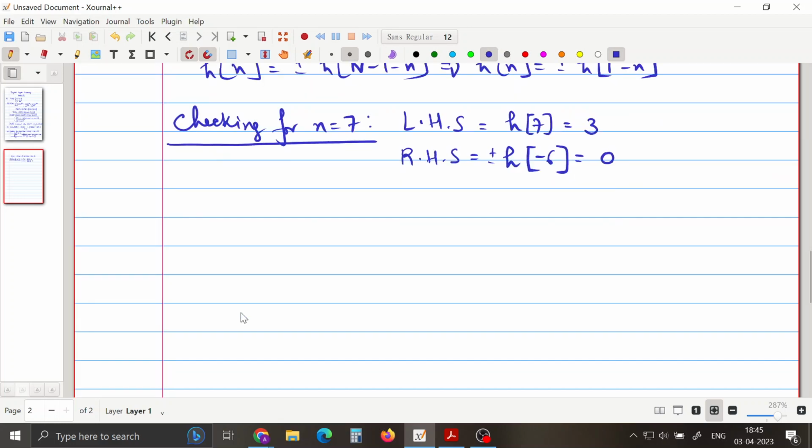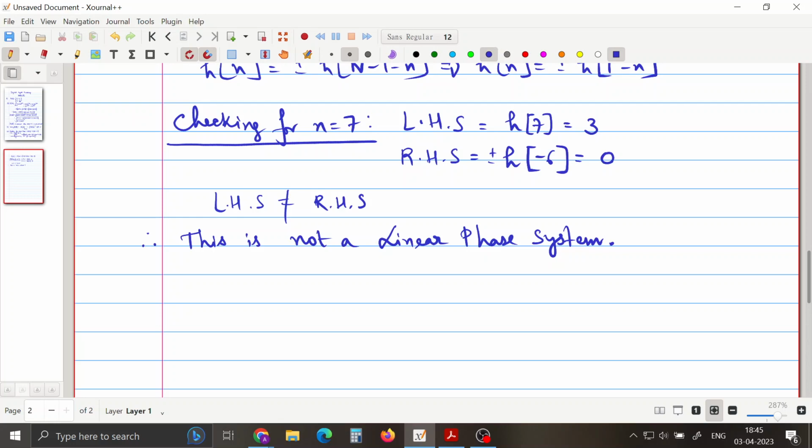So clearly LHS is not equal to RHS, and therefore this is not a linear phase system.